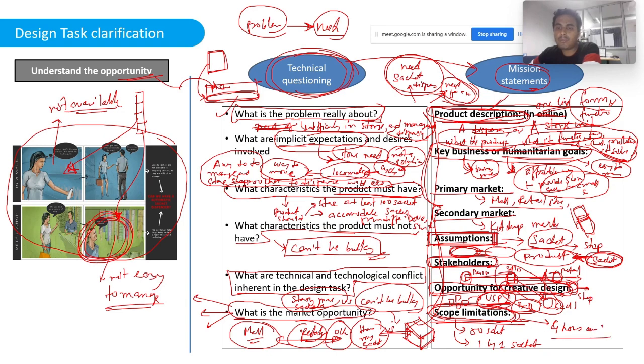Those are scope limitations. These are not the final product that exists, but this is what you define: the features of your product, and how it will be at the end of your product development cycle. So any doubt?